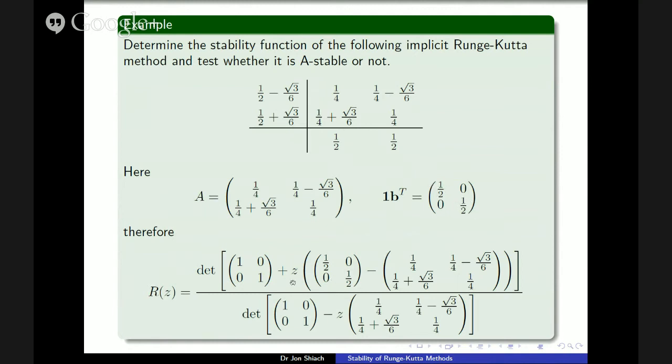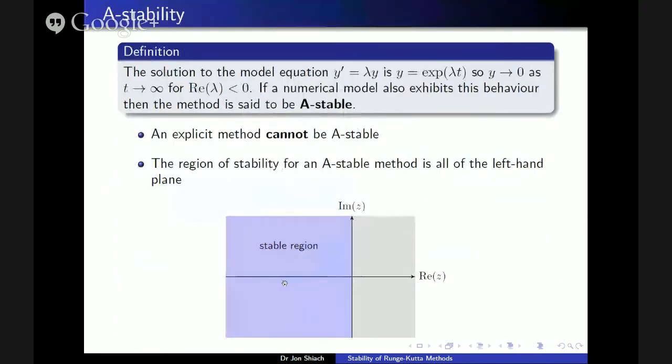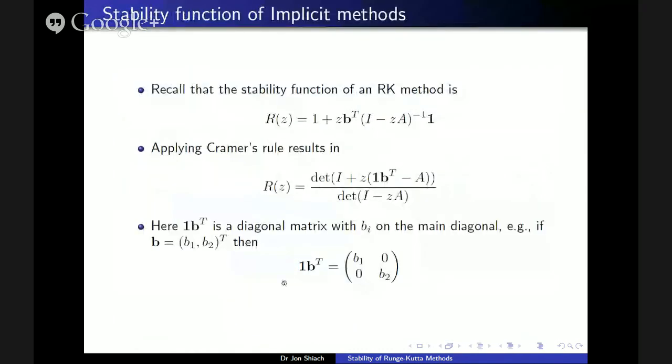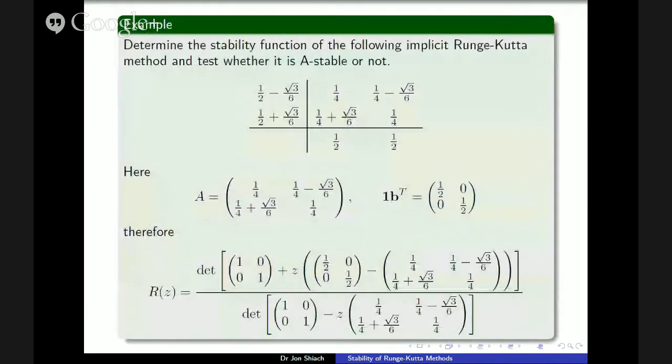Okay, so just going to go back a couple of slides. Here, what I do is I take this function. By the way, this function is given if it's asked for in an exam. You don't have to remember this. You just have to be able to apply it. So that's simply applying that stability function.